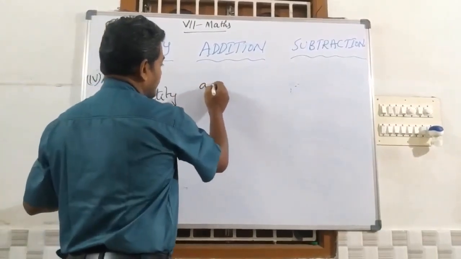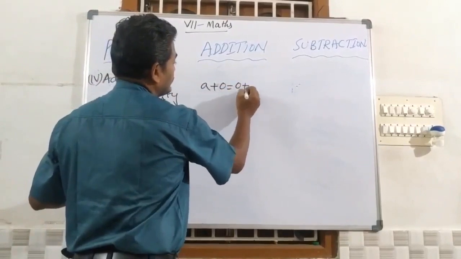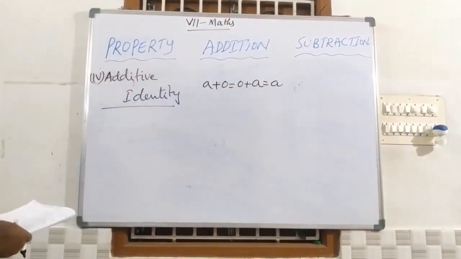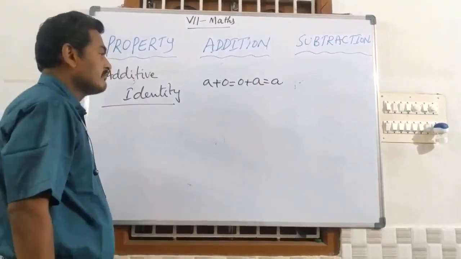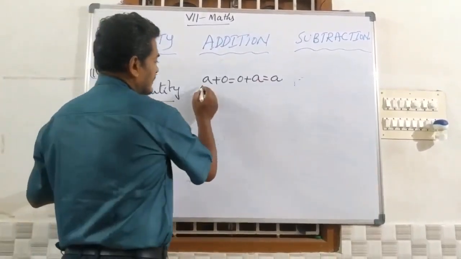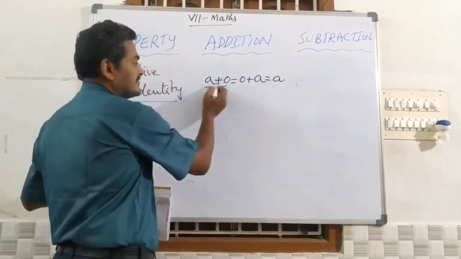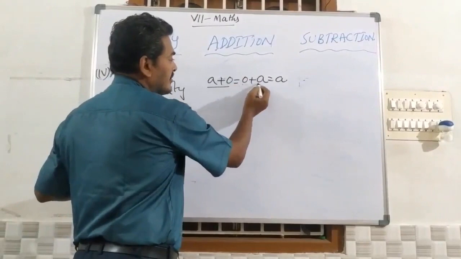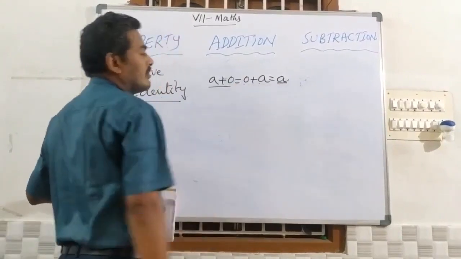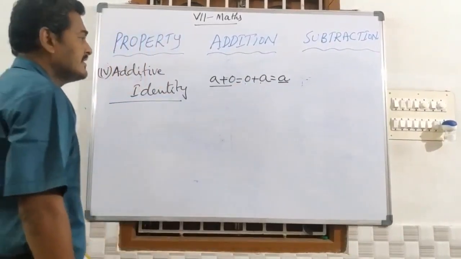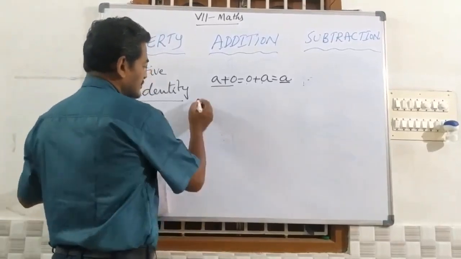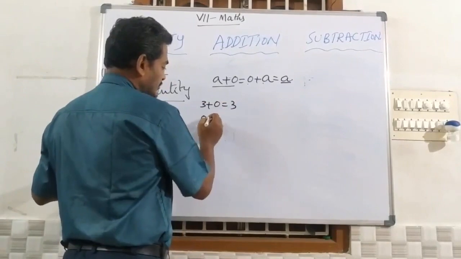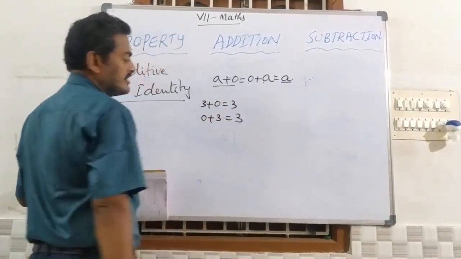So A plus 0 equal to 0 plus A equal to A. Here any integer plus 0 equals 0 plus that integer, equal to the same integer. So 3 plus 0 equal to 3, and 0 plus 3 equal to 3.